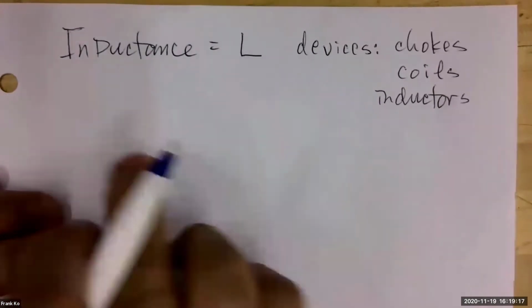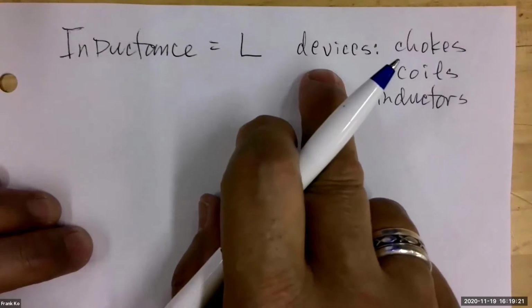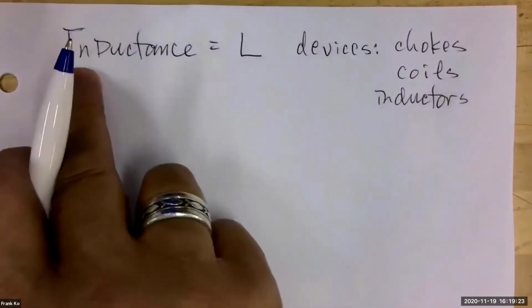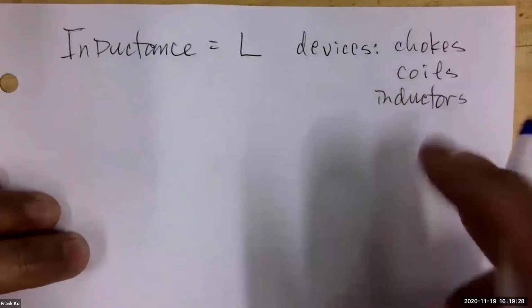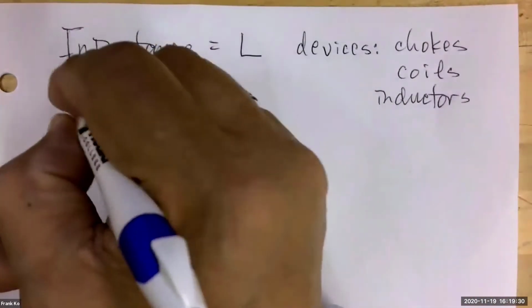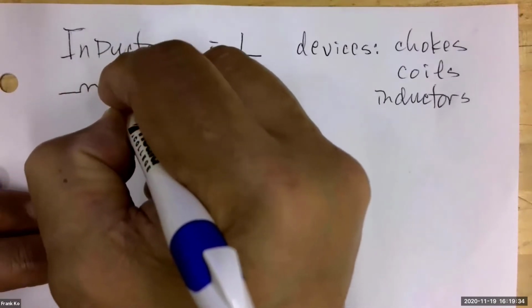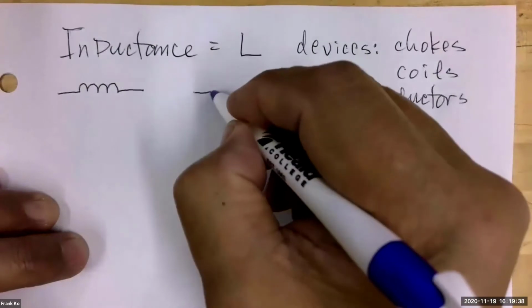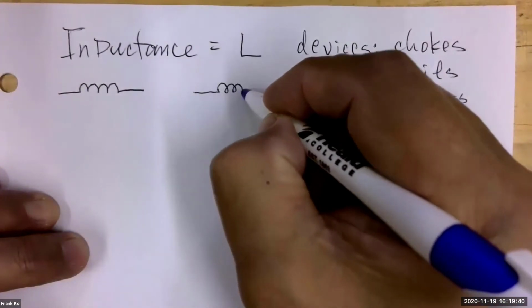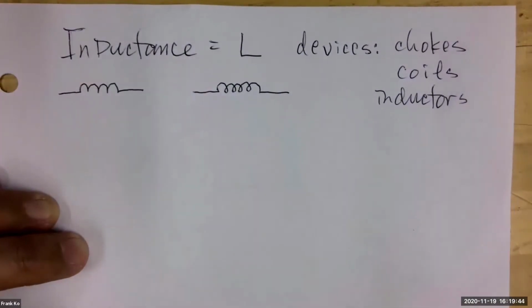So if the property was resistance, the symbol would be R, and the devices would be a resistor. But here, the concept is inductance, the symbol is L, and the devices are chokes, coils, and inductors. What are the schematic symbols? The schematic symbols come in two flavors. One type of flavor will look like that. Another one could also be drawn and actually look like coils, like that. So those are the two different ways inductors are shown in a schematic format.